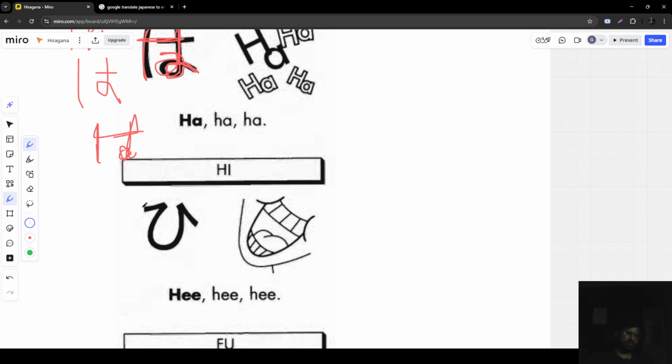You can figure it out from here itself. So this is the laughing face, this is he, because in case if I make a face, it looks like the person is laughing, right?